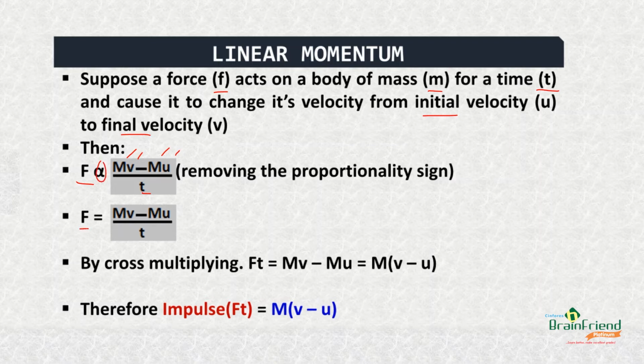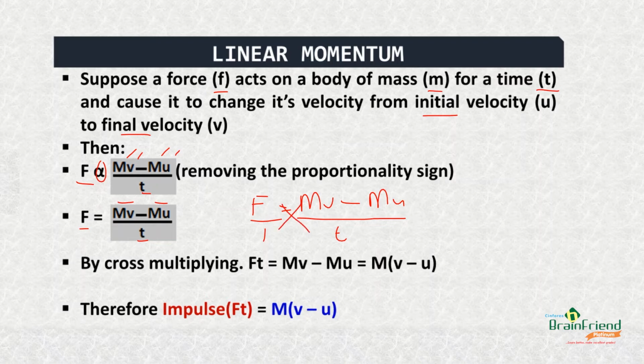F is equal to mass multiplied by the final velocity minus mass multiplied by the initial velocity, all over the time taken. By cross multiplication, F equals mv minus mu all over t and all over 1.